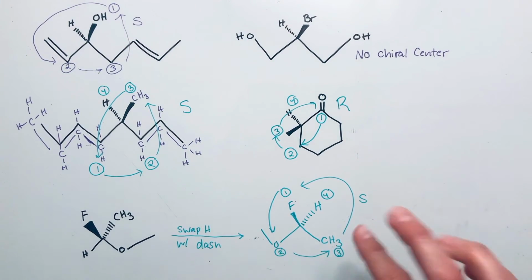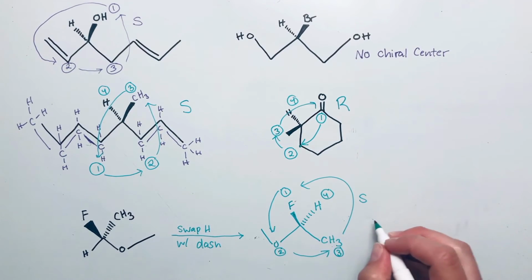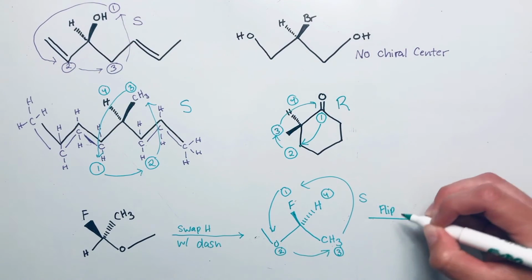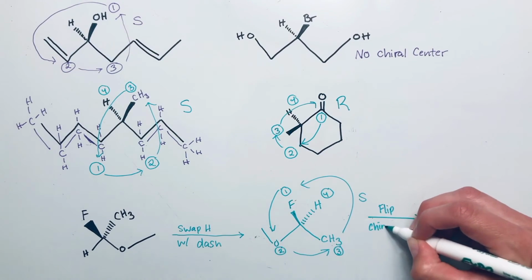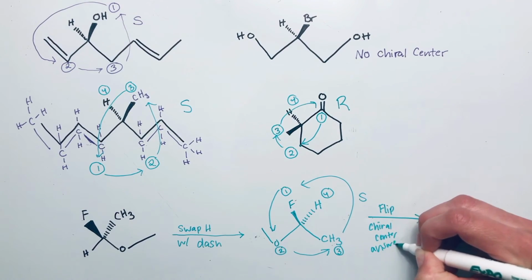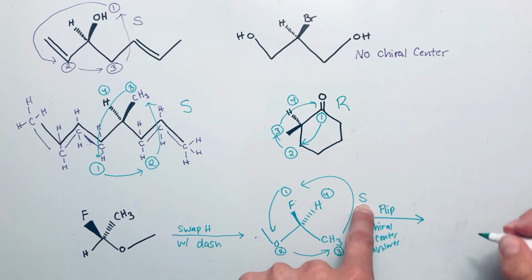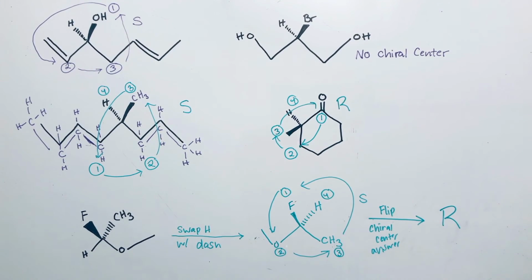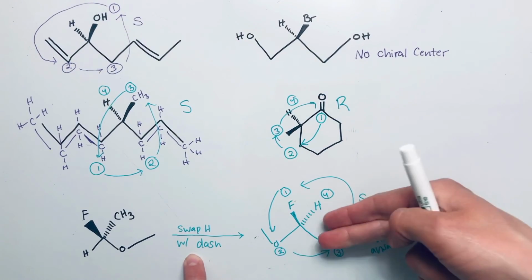So that's S when these guys are flipped. In order to get the answer, you have to flip the chiral center. So when you flip S, what does it become? R. Ta-da! So the chirality is determined with the swap right here.